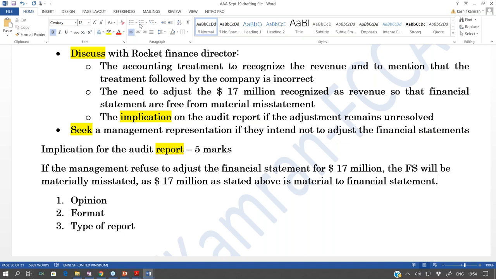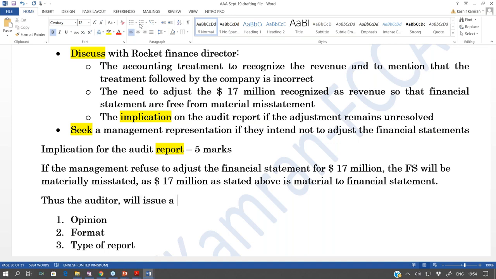Number 2, thus the auditor will issue a qualified opinion on the grounds of the material misstatement above.